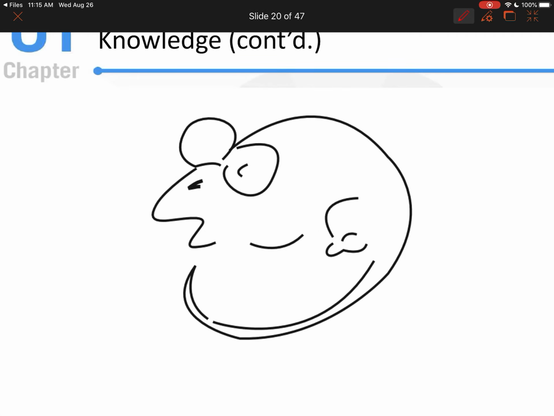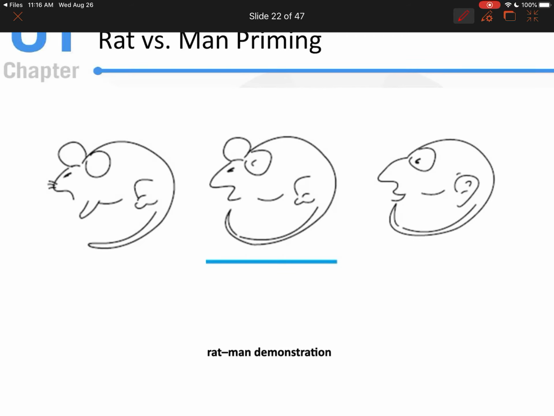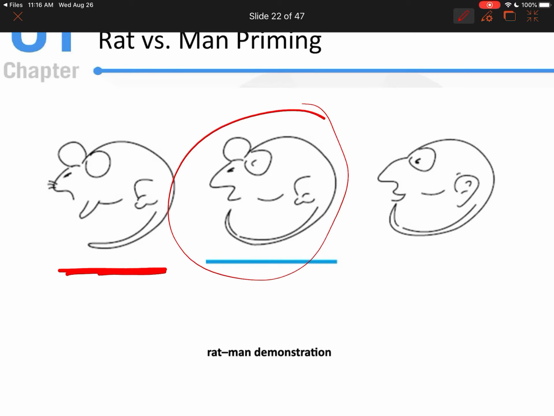So if I give you this picture versus another picture, I can kind of predict the likelihood of whether you're going to be more likely to see a rat or a man. And so you can argue, for example, here, this demonstration here, if we give you a more rat-like picture, you're probably going to see a rat here. If I give you a more man-like picture, you're going to be more likely to see a man here.